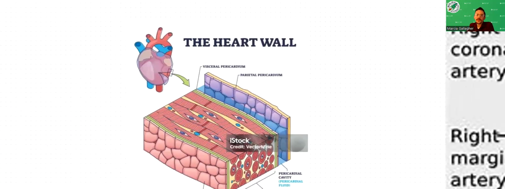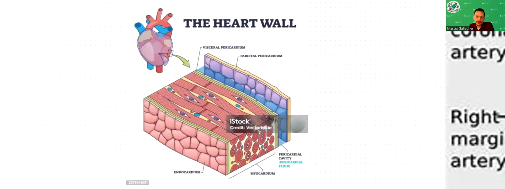So the wall of the heart, arguably one of your most important structures in your entire body, is separated into some major parts. The endocardium, which is a smooth endothelial layer that allows blood to flow freely in the heart as it needs to. Then the myocardium, myo meaning muscle, cardium meaning heart. So your heart muscle.